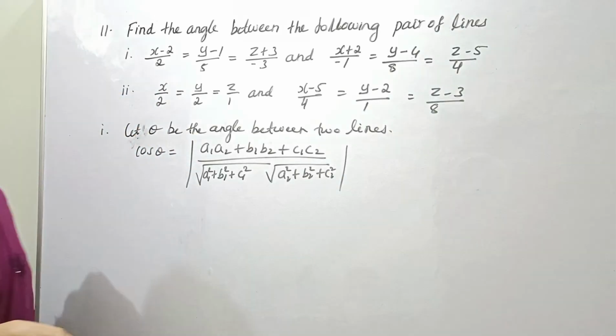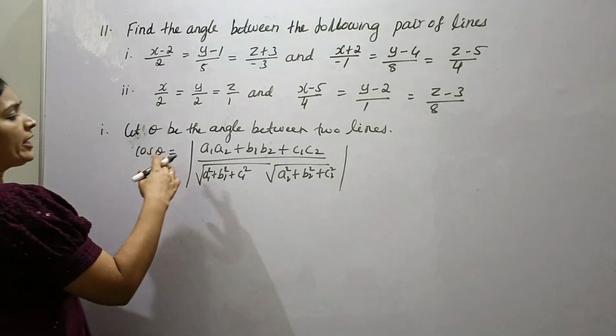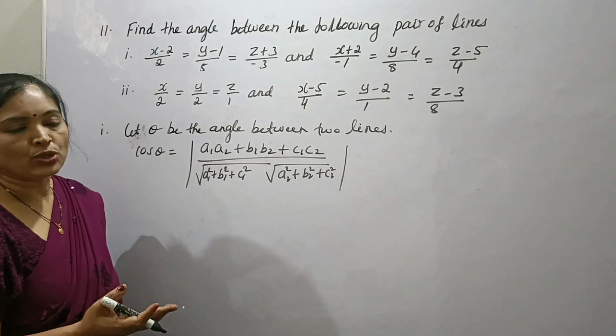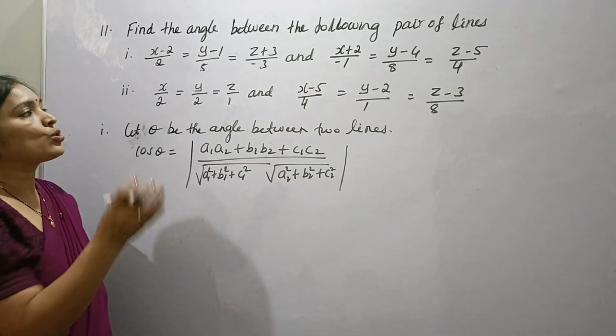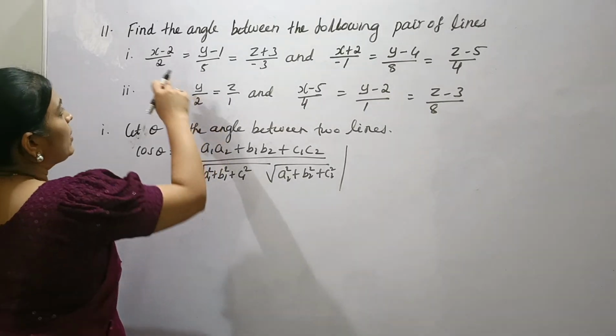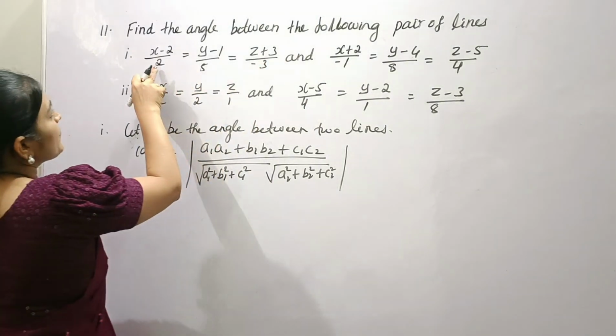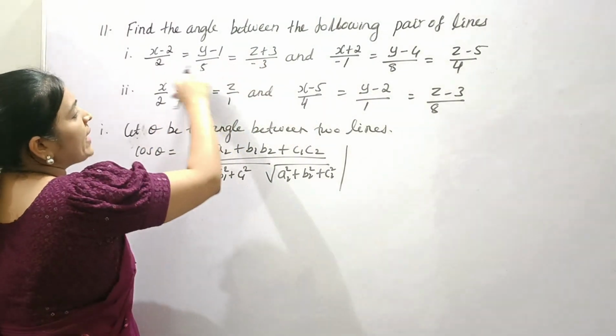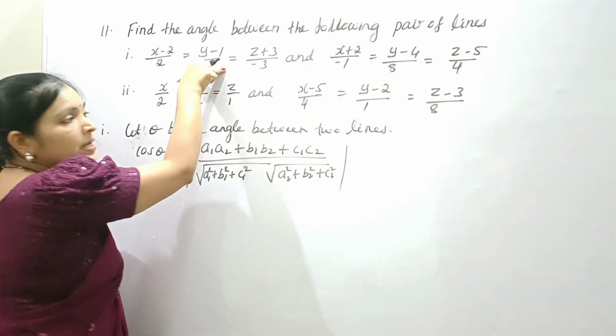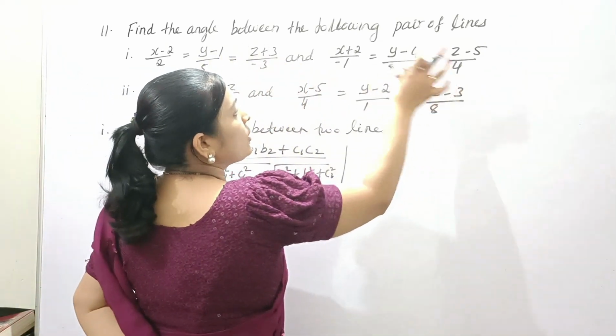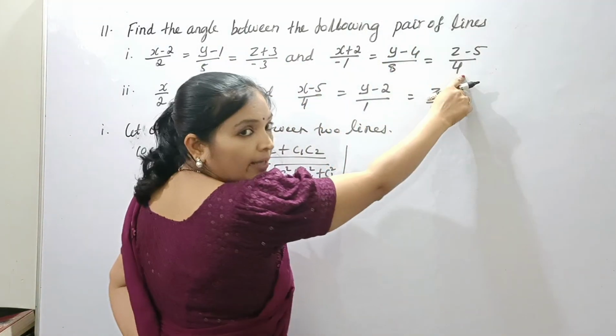Here a1, b1, c1 and a2, b2, c2 are the direction ratios of the lines, right? So what are the direction ratios? 2, 5, −3 are the direction ratios of this line, and −1, 8, 4 are the direction ratios of this line, right?